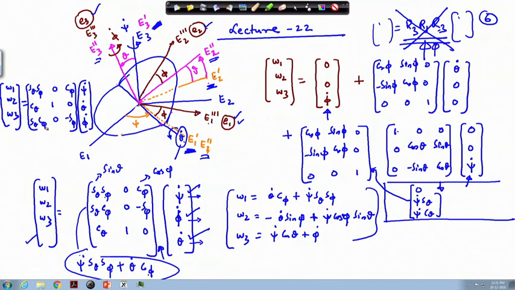S theta C phi. So, this way you can do the conversion.